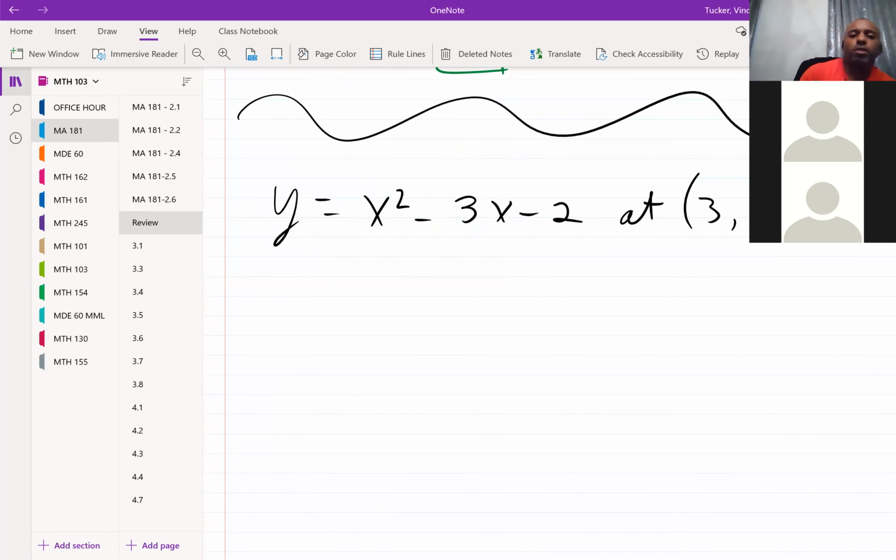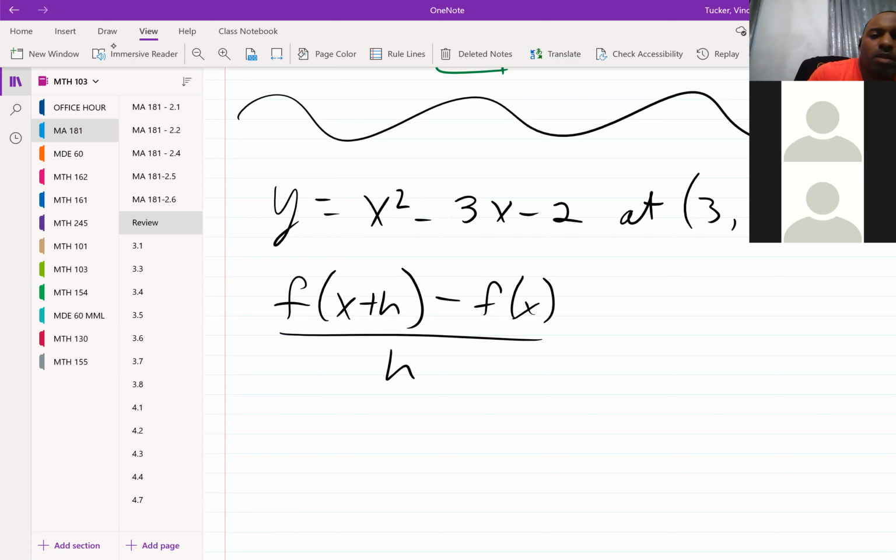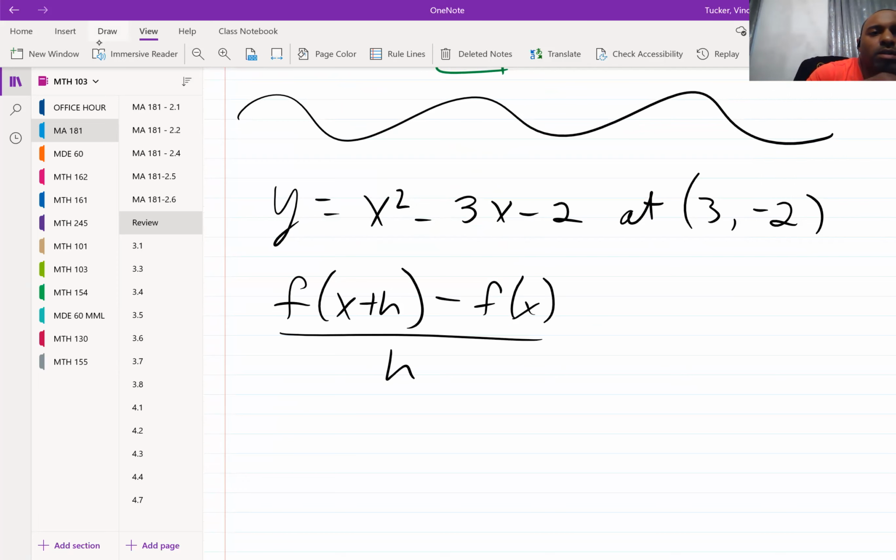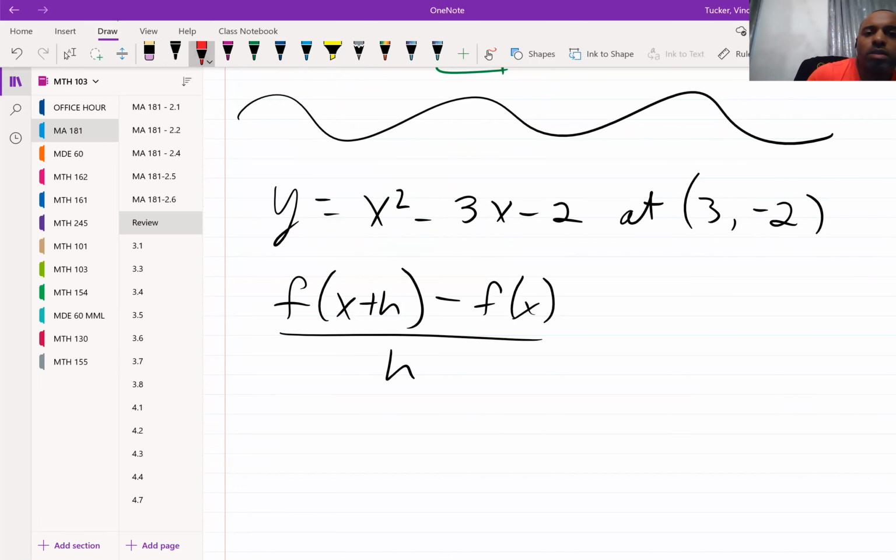The first thing we can do is find the difference quotient. We have f of x because y and f of x are the same thing.